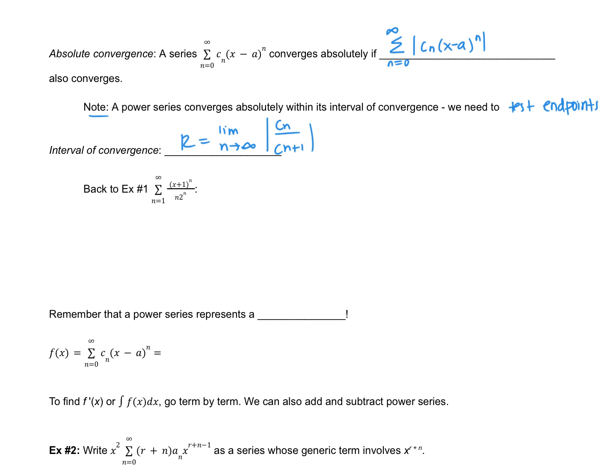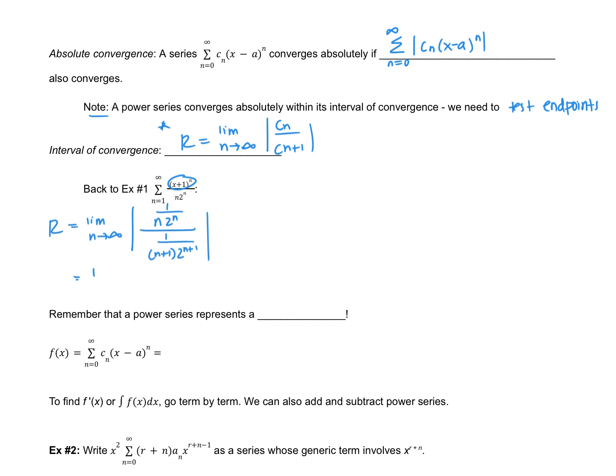Okay, so looking back to this example number 1, if we use this idea above, our radius then is going to be the limit as n approaches infinity. In the numerator, c of the n, well, so I don't need that x, is 1 over n, 2 to the n, and then I have 1 over n plus 1, 2 to the n plus 1.